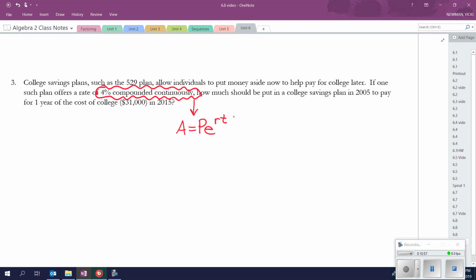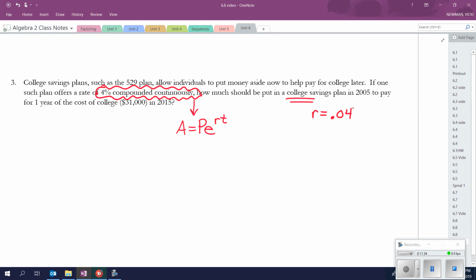Okay, so let's see. There's our formula. It says how much should be put in the college savings plan in 2005 to pay for 1 year of the cost of college, $31,000 in 2015. Well, now make it more complicated. So first of all, what's our rate? R is 4%, so 0.04. It's asking us for an amount, right?